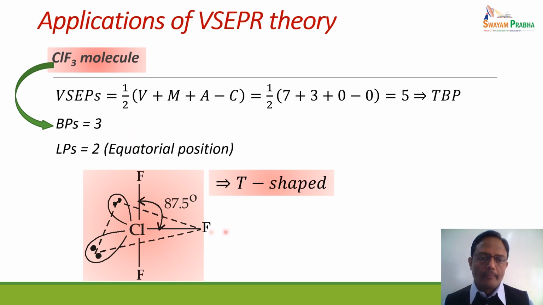This is a T shape with 3 fluorine atoms at 90 degrees theoretically, but because of these lone pairs exerting a repulsive interaction, the bond angle between F-Cl-F reduces to 87.5 degrees. So this 87.5 degrees is a reduction from the natural bond angle of 90 degrees.